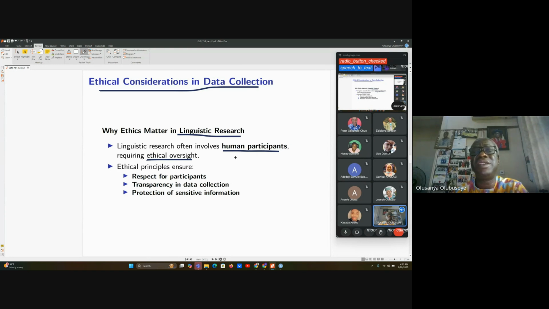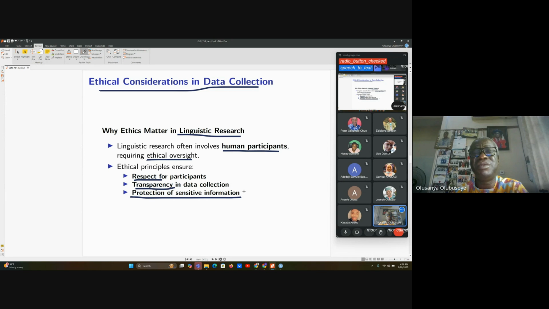You have to be sensitive. So there must be respect for participants. You must be transparent in your data collection. You must tell them why you are doing what you are doing. Then their information, particularly sensitive information, must be well protected.